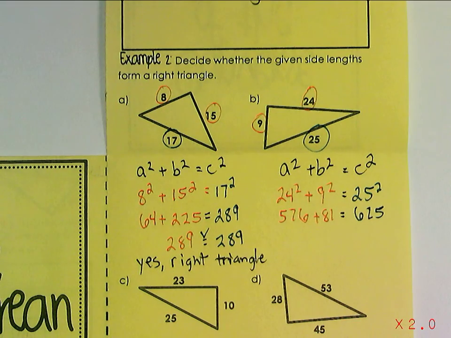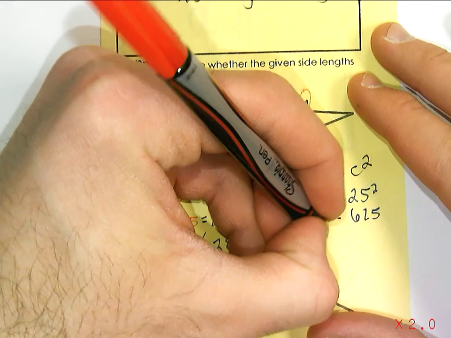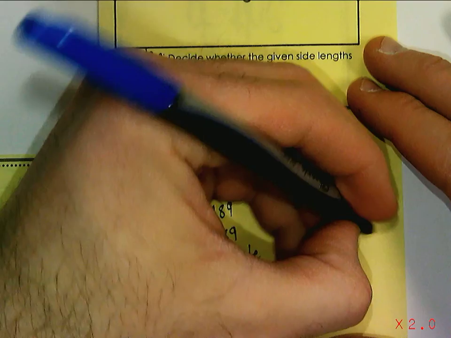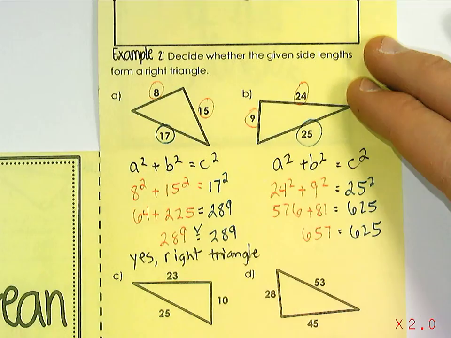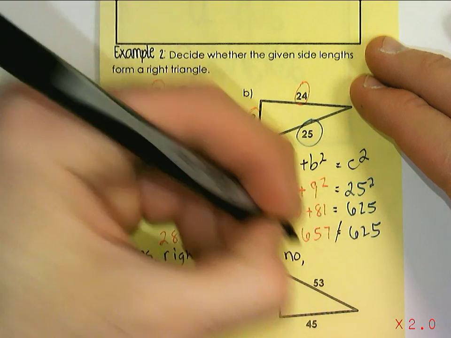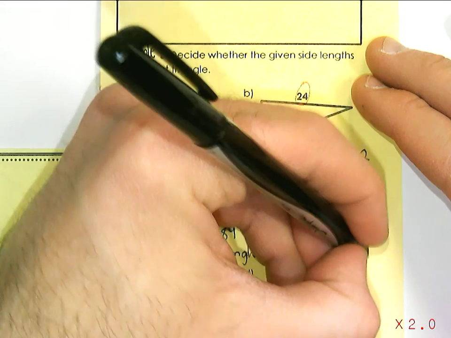Let's add these up and see if it makes sense. So 576 plus 81 is 657, which we're saying is equal to 625, which is no. So this is not a right triangle.